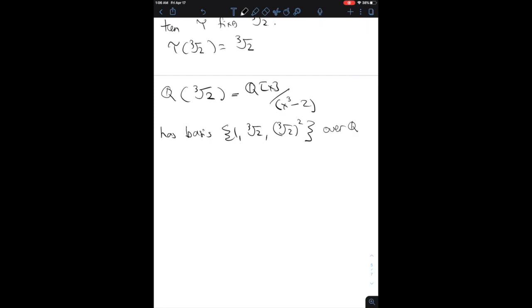So we go all the way up to 1 less than the degree of the minimal polynomial over Q. So any element in Q adjoin cube root of 2 has the form A plus B cube root of 2 plus C cube root of 2 squared.